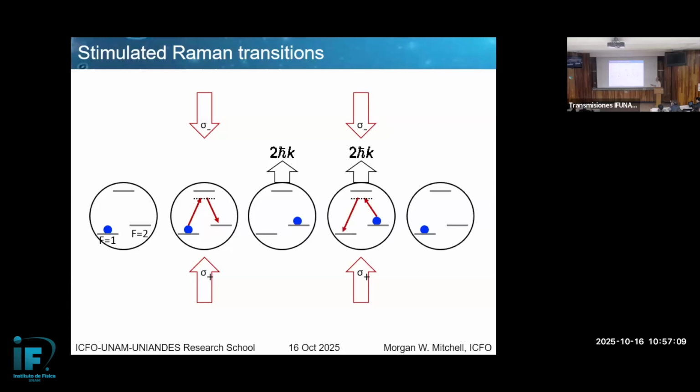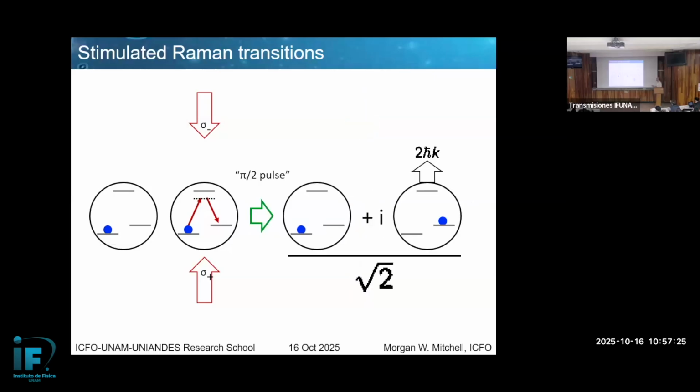Then we can continue to illuminate with the same lasers, and they can drive a process where the atom goes from the state back to the original state, and in doing so, it loses that 2 h bar k. Okay? And we can also do coherent things in between: if we leave these on not for long enough to make the full transition, then we can go from this state to a superposition of this and this, and that now gives us a two-state space that we can coherently manipulate.